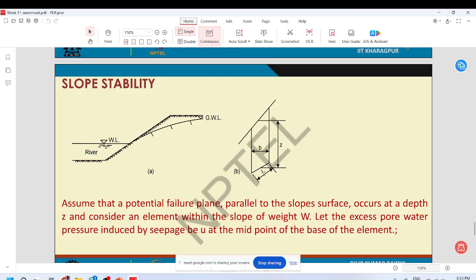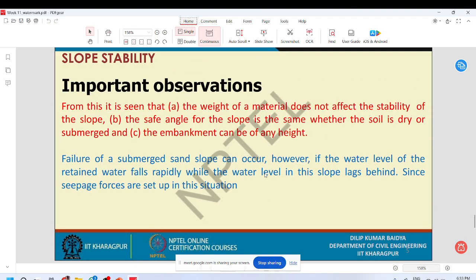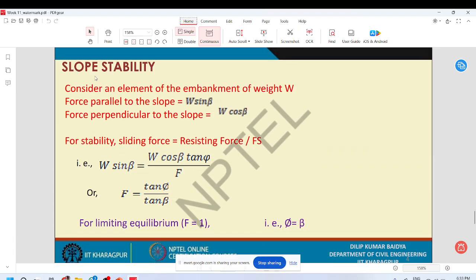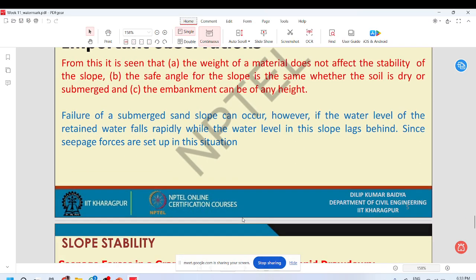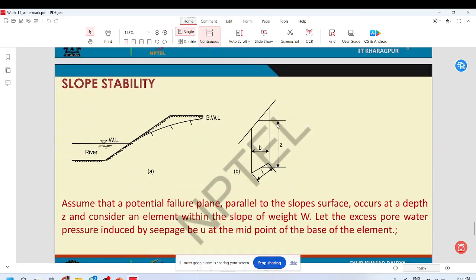So I will not go through the derivation of the factor of safety, but this is the simplest case, in which you have a parallel slope.